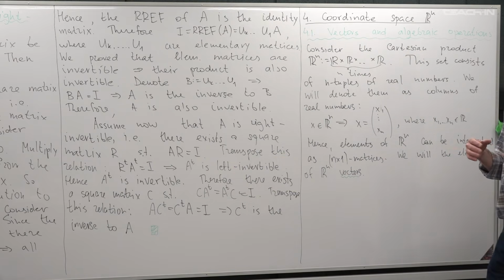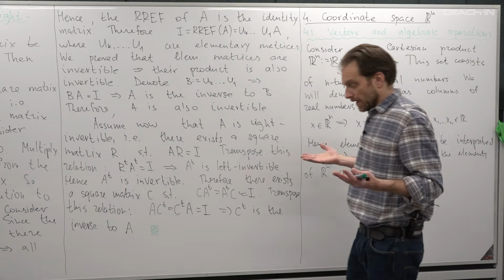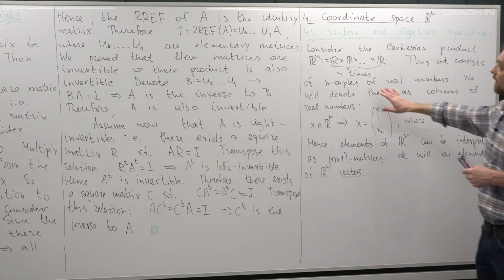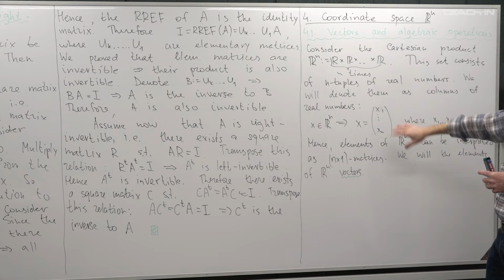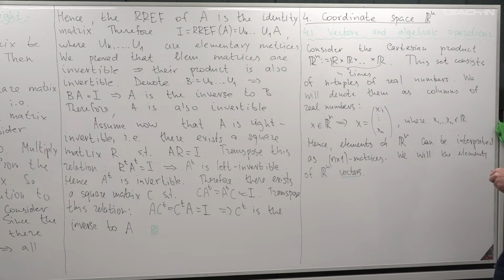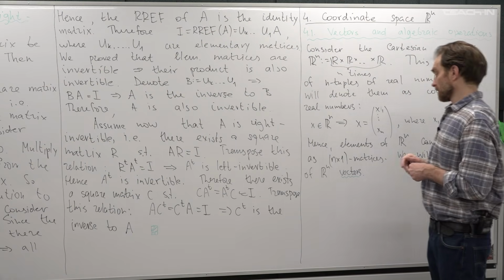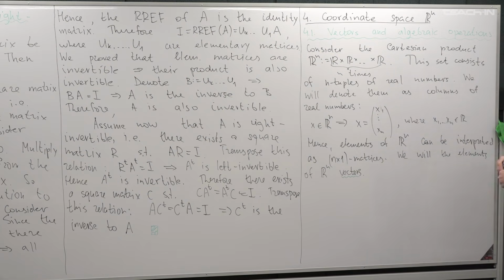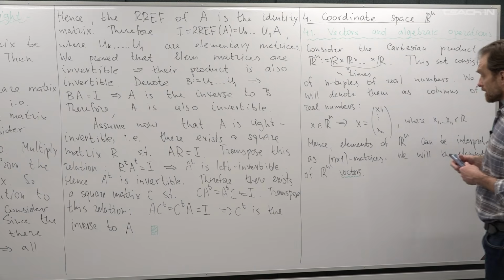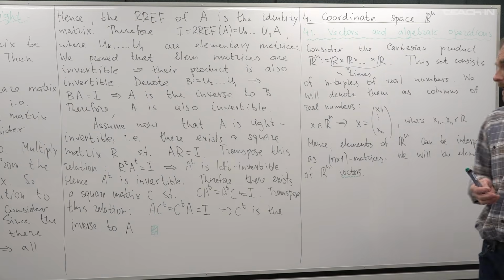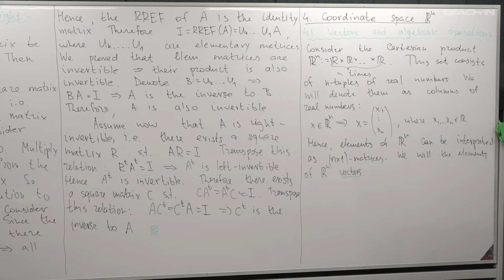Similarly, we consider the Cartesian product of an arbitrary number of copies of the set of real numbers by itself, and so in this case our vectors will have n components, and so they are n by 1 matrices, and that's why we can add them to each other, and we can multiply them by real numbers.